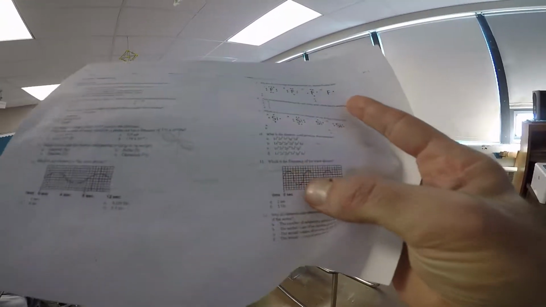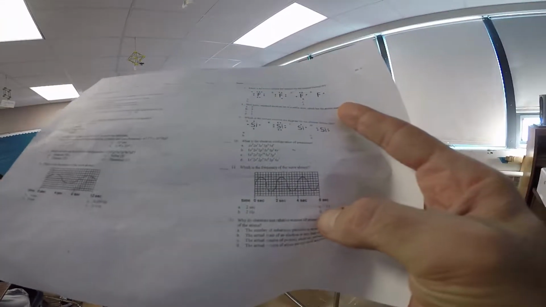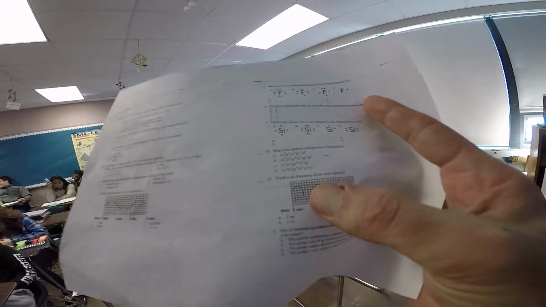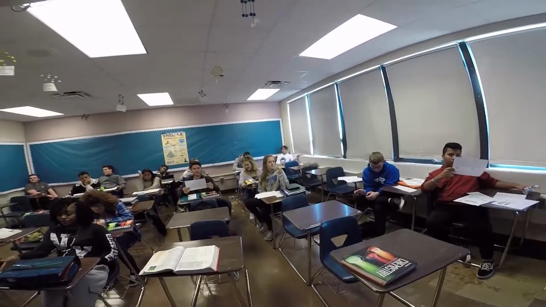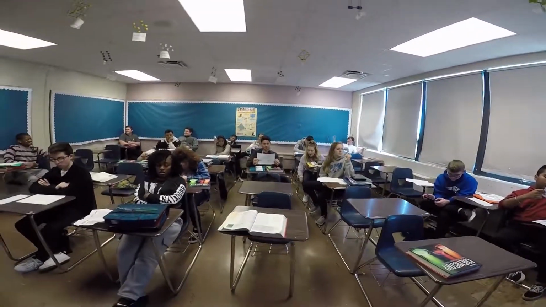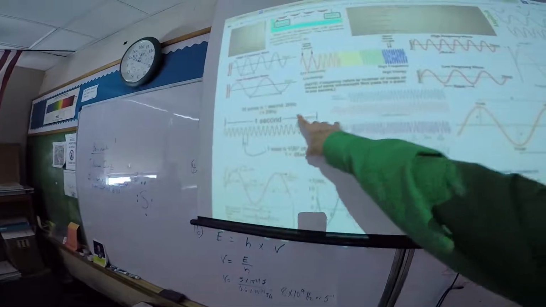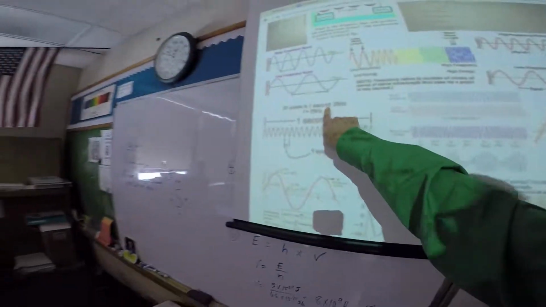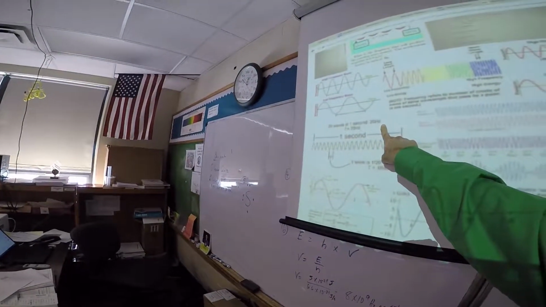Over here, you go to the 1 second and see how much of a wave you have. That's half a wave per second, which is D. So when you see hertz, they're specifically only talking about 1 second, where it says 20 waves in 1 second, waves per second.